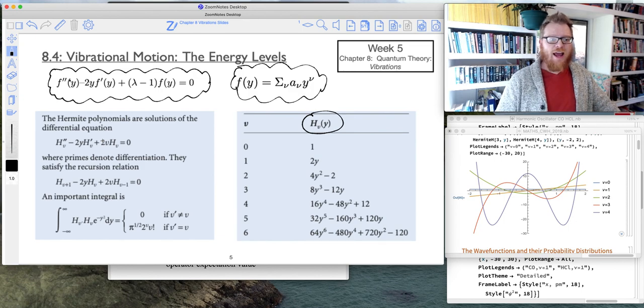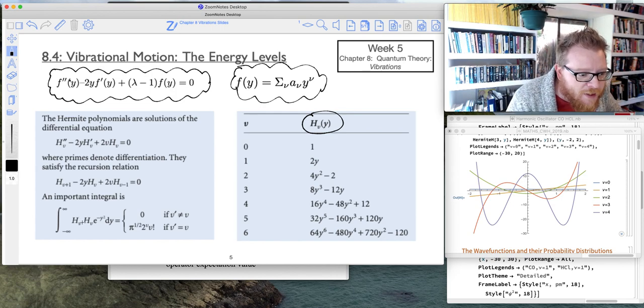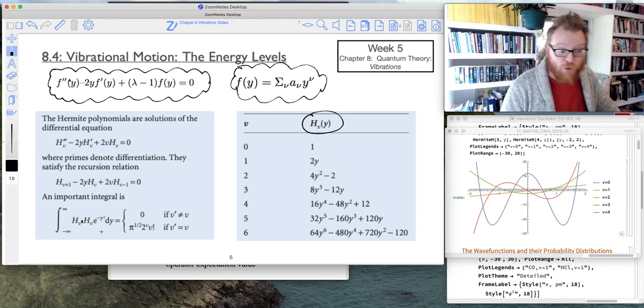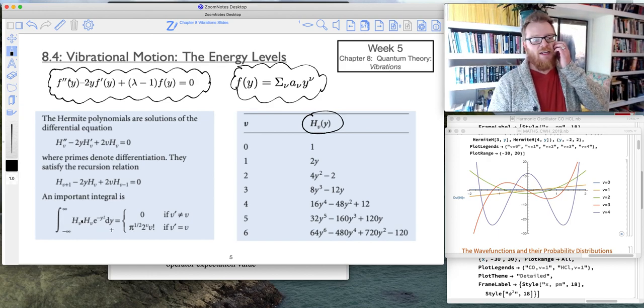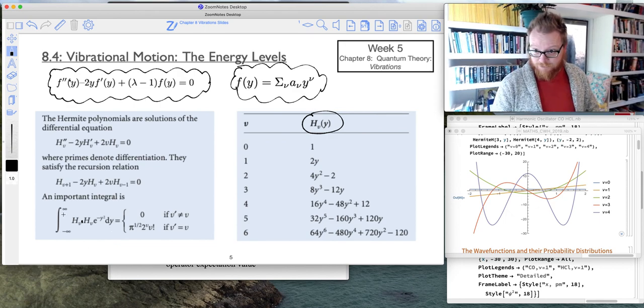But what I will say is the following. So once again, the Hermite solutions satisfy this polynomial. They have a very special property where if we look at h of nu prime and h of nu, e to the negative y squared dy, this is a really important integral property, okay?